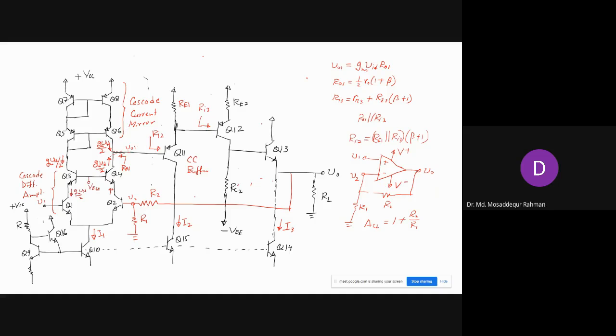So here you can have emitter resistances. Let's say you have RE, we have RE2, and let's call it RE3, RE4, RE5, RE6.